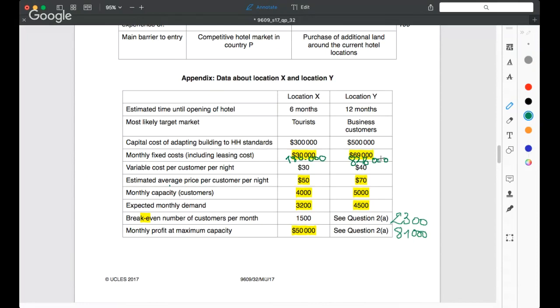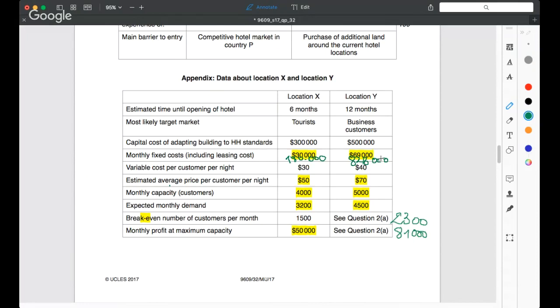How did you calculate them? You take your total fixed costs for the time period that it would take to do the renovations, and then you add them to the capital cost of adapting the building. And then with those figures, I use them to calculate the payback period.